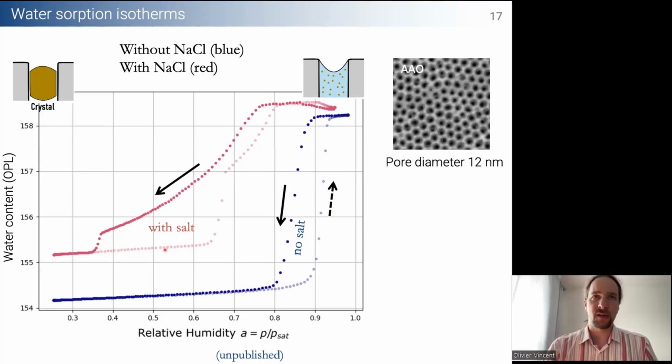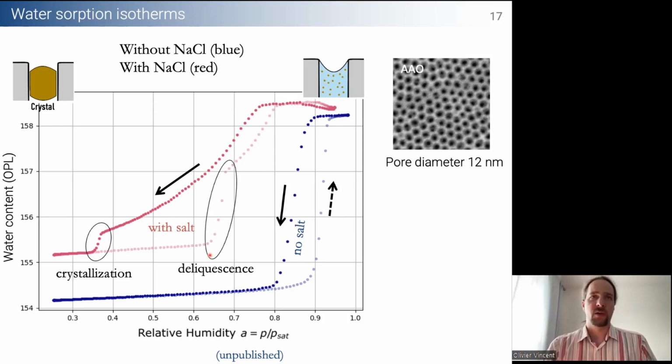And here we see that the uptake of water in the system is much lower than 75% relative humidity, which would be around here. Meaning that there's something that is shifting the deliquescence point in the system, and of course it's confinement.